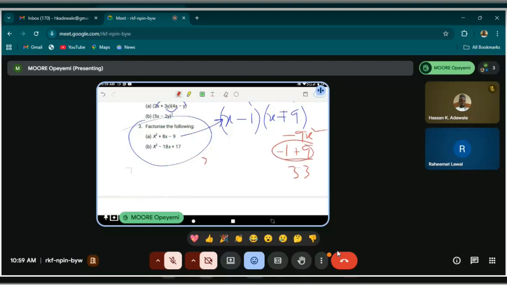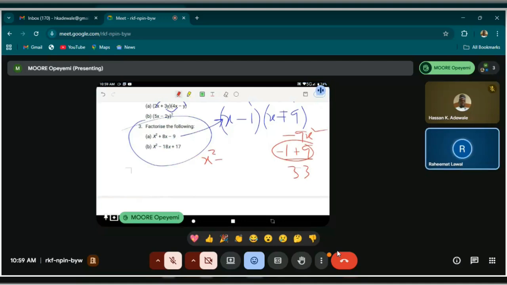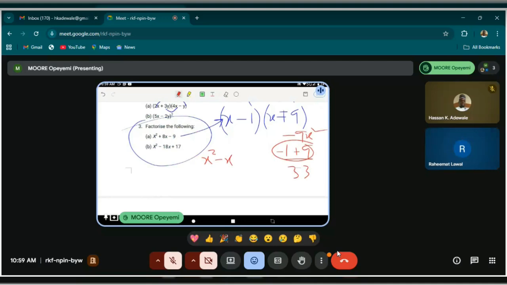So we now have x squared minus 1x, which is the same thing as minus x, then plus 9x, minus 9.